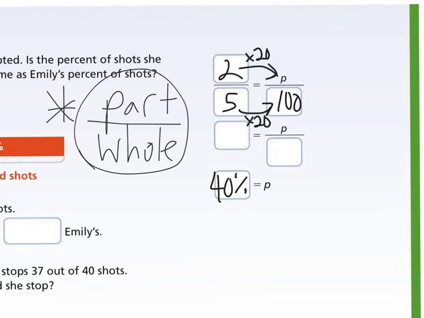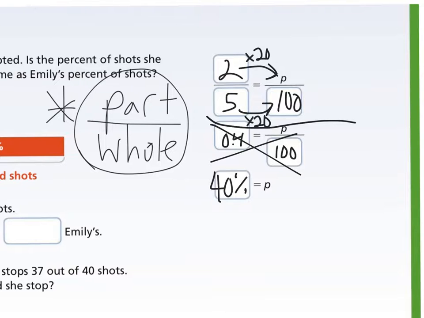The book did something a little different here with filling in the blanks. I don't really know how valuable this is. In my book, they did 2 divided by 5 and got a decimal and then put that over 100. I don't know if that's that valuable of a step. I would just do the pattern and be done with it.